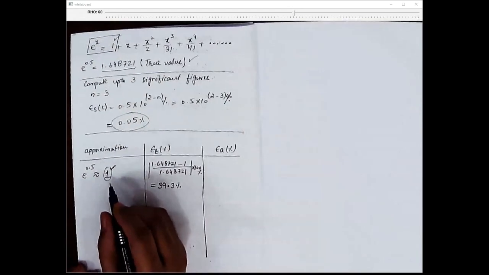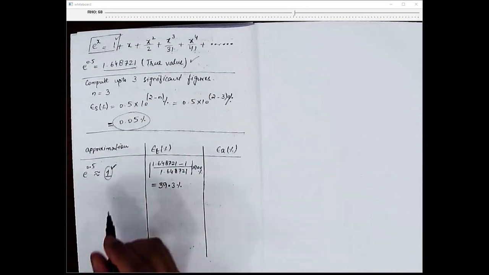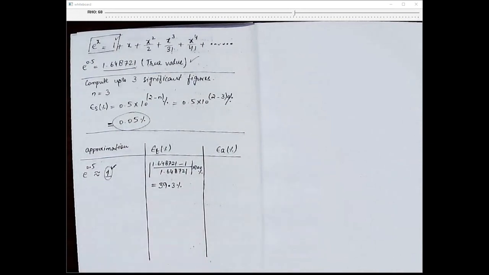So now the question is, do we have a previous approximation at this step? Anyone, any other guess? 0.5 was not a good guess. Any other thing?